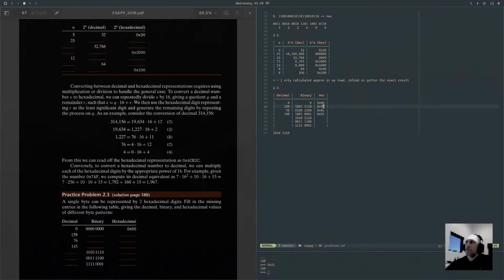There we go. We fill in these as 0x, and then this can just be, say, decimal. And we can take away all of these. There we go. Look at that.